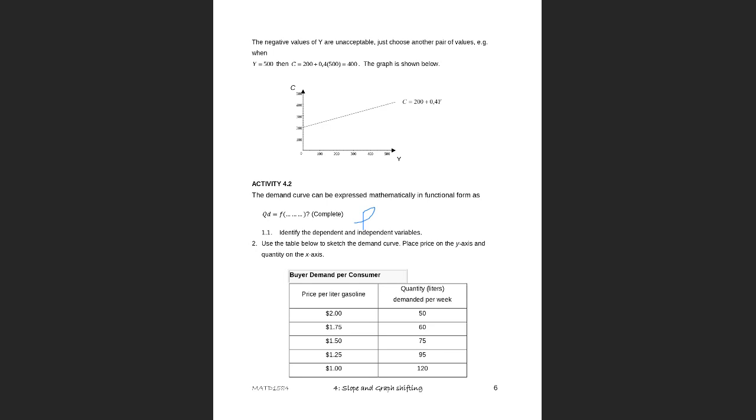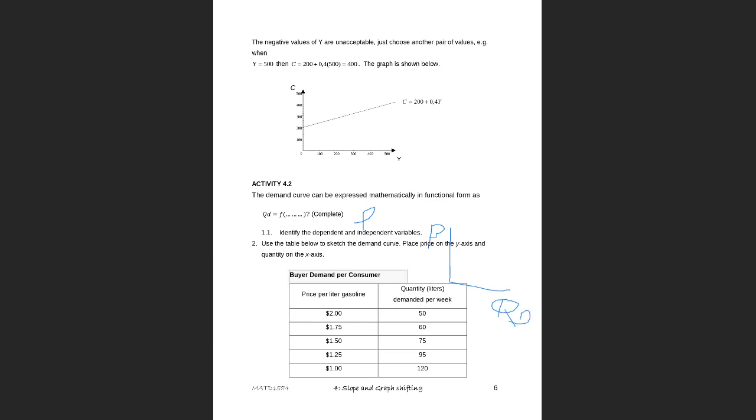Place price on the y-axis and quantity on the x-axis. I believe all of you should sketch the graph. Please notice that it says we should place price on the y-axis and demand, QD, on the x-axis.